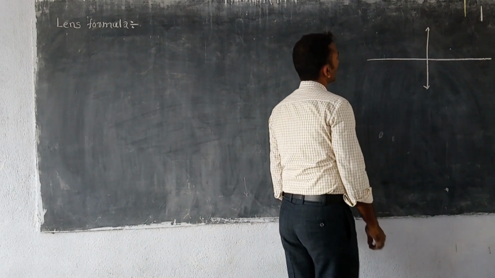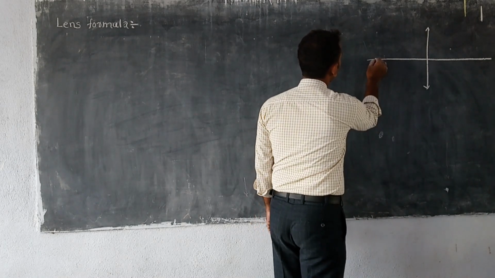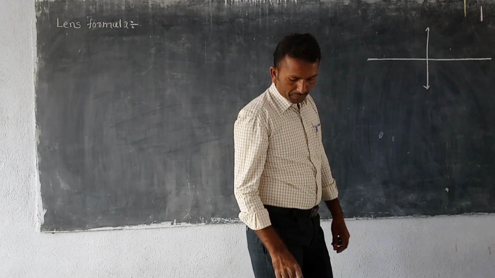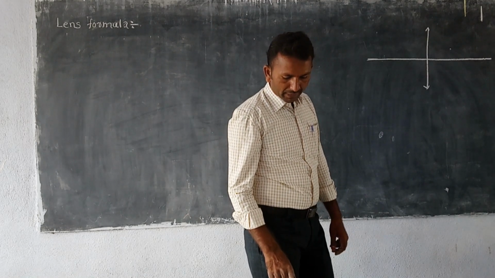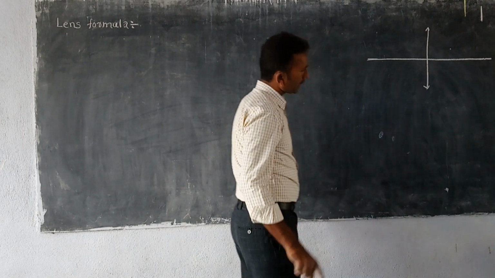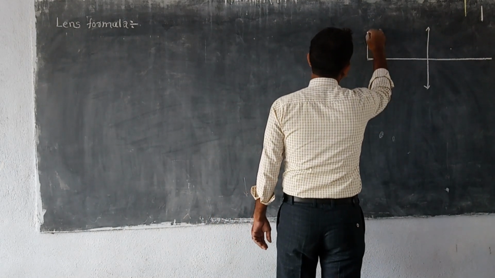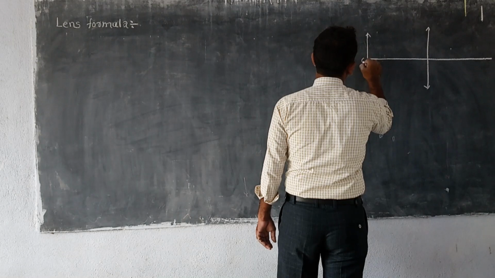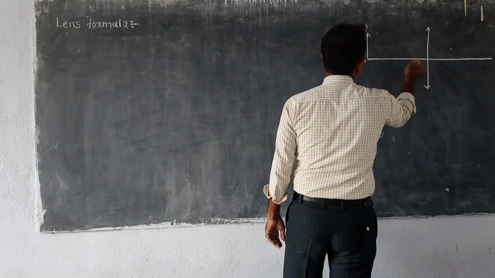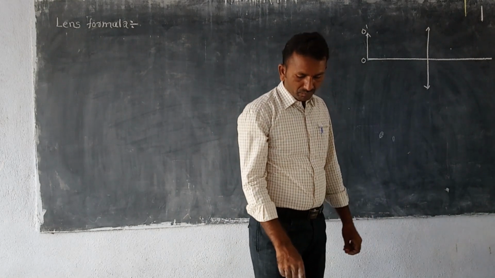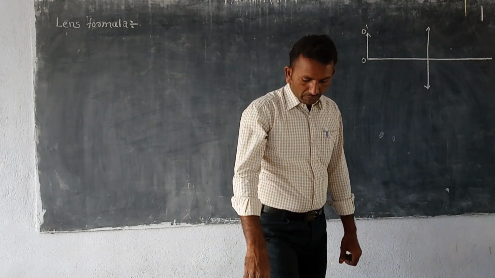We keep an object here. What is that object? O dash, in front of a convex lens on the principal axis.